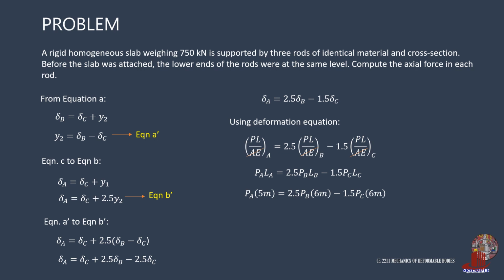The length at rods B and C is 6 meters. The final simplified equation is then P of A as equal to 15 P of B minus 9 P of C. Take this as equation 3.